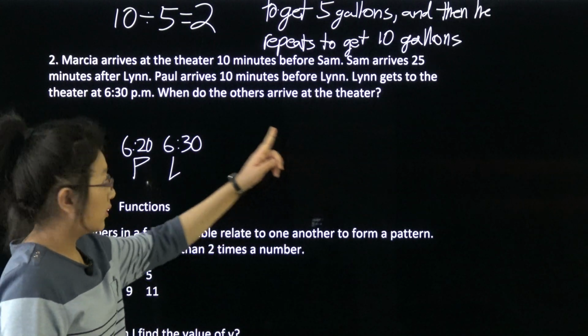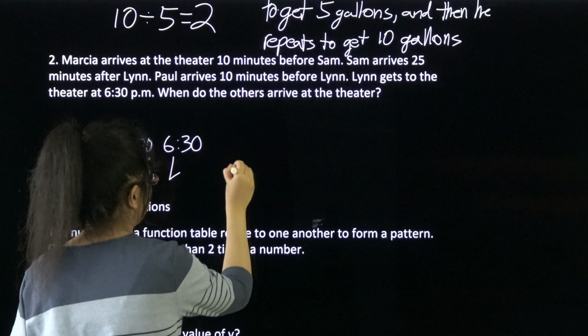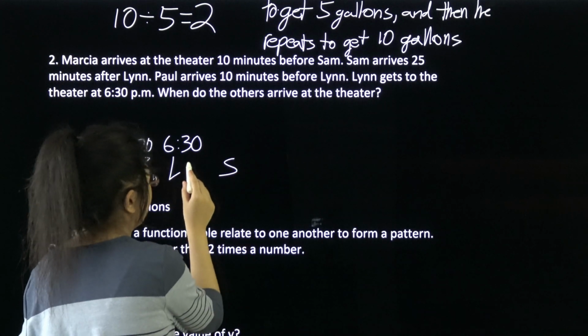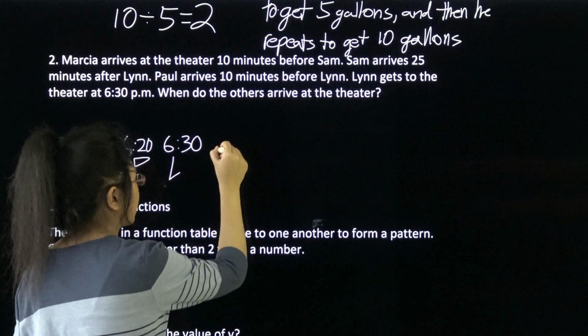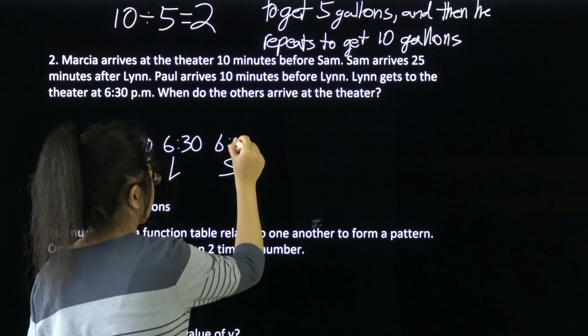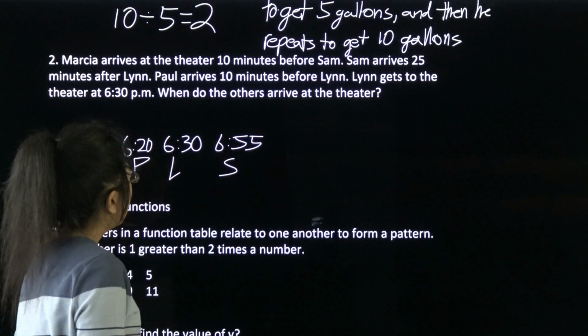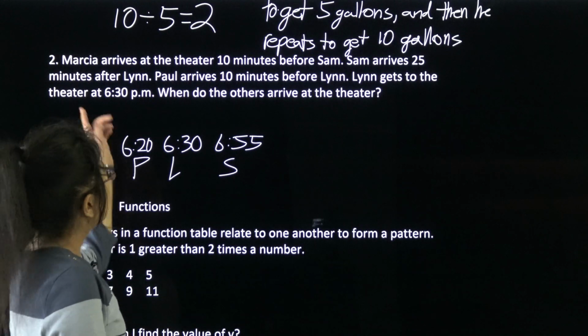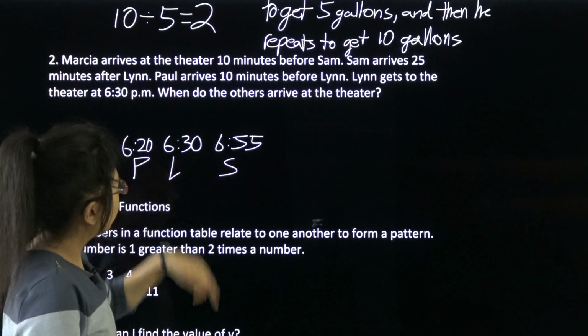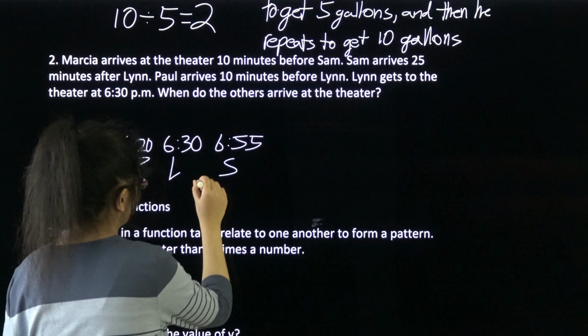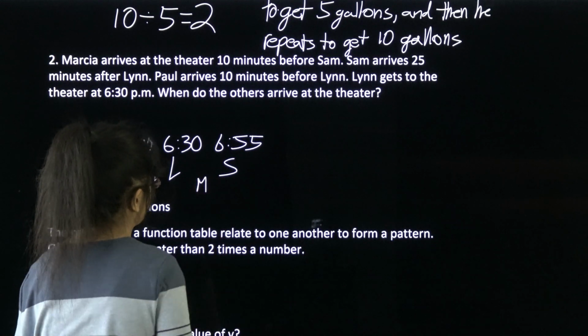And Sam arrives 25 minutes after Lynn. Sam arrives 25 minutes after 6:30 would be 6:55. And Marsha arrives at the theater 10 minutes before Sam. So then Marsha arrives somewhere over here.